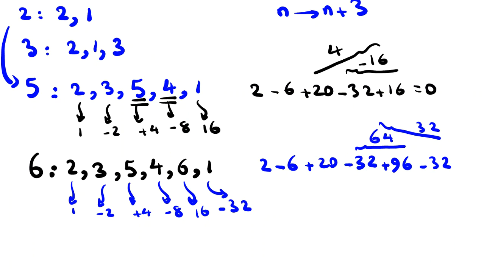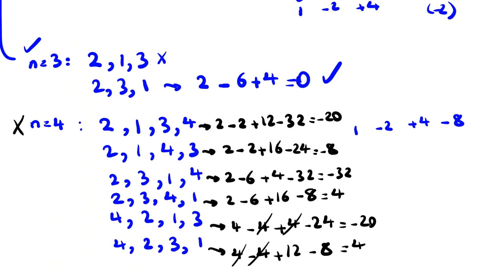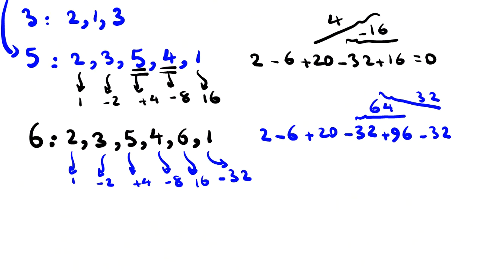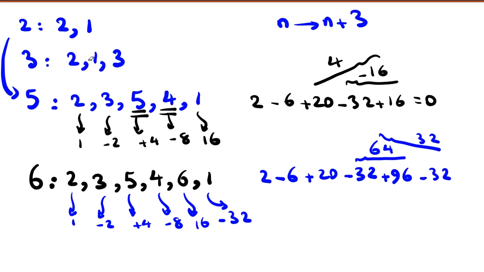Let's check 3 here. For 3, we said 2, 1, 3. Oh, 2, 3, 1. Okay, so let's correct this part. It is 2, 3, 1. And if we correct this part, it's 2, 3, 1 here. And then if you add 3, it will be 5, 6, and 4.